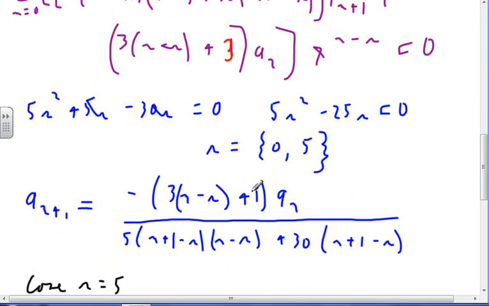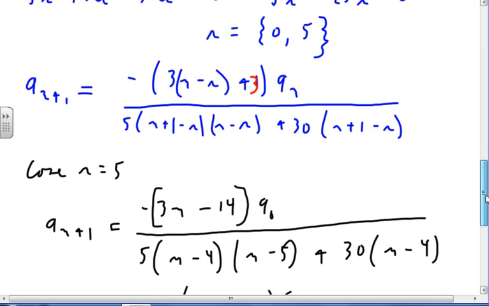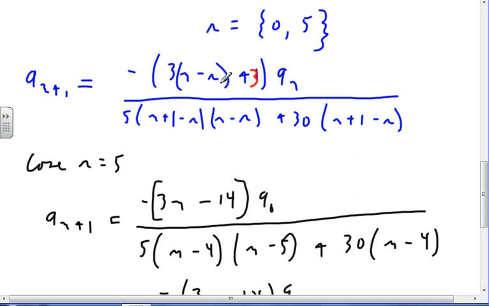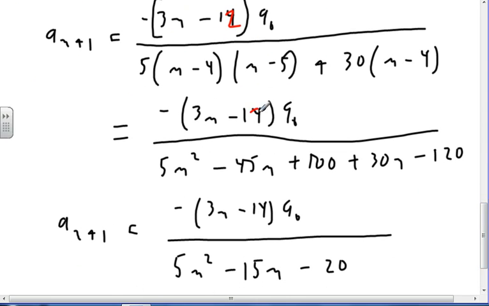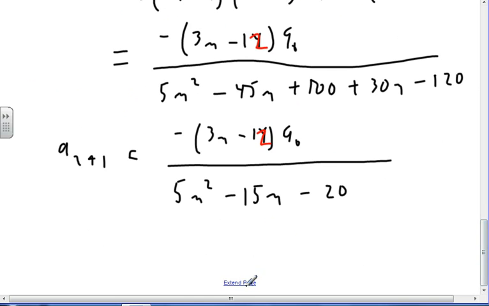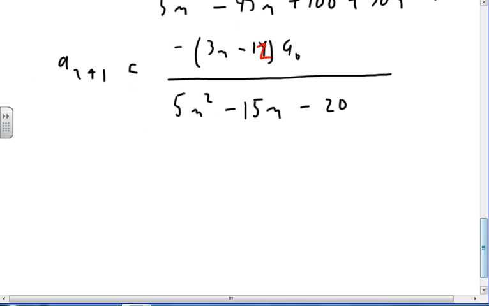Okay, so if I have a 3 sitting right there, and R is a 5, so that would be minus 3 and minus 15. This is a 12, right? That's a 12. So that makes it a horse of a different color. 12, 12. Okay, so now I can do some factoring.